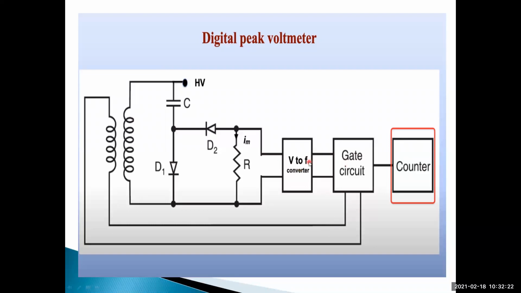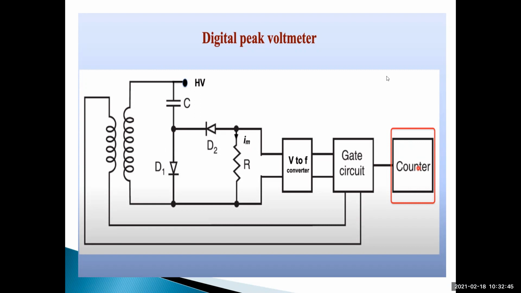This frequency is called fM, and the supply frequency is called f. Based on the fM by f ratio, the clock pulses are generated during the negative half cycle and given to the counter, and the counter counts the number of peaks. Like that, the digital peak voltmeter counts the peak voltages.